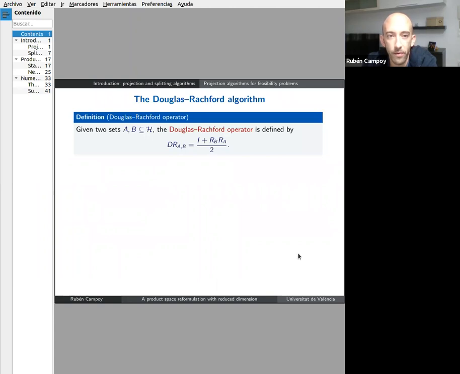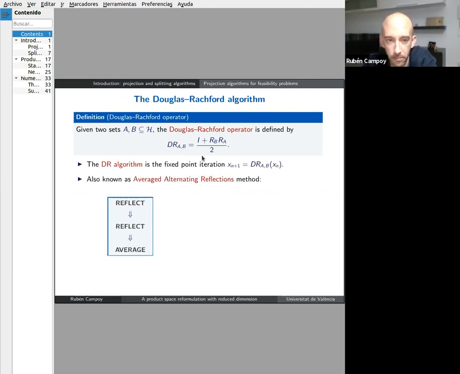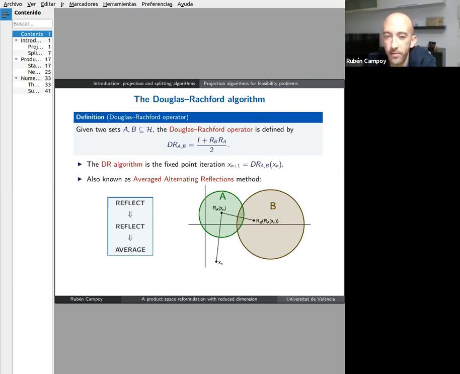For given 2 sets, we define the Douglas-Rachford operator as the identity plus the composition of the 2 reflectors, over 2. And the fixed point iteration is the DR algorithm. So if we have these 2 sets, and this is the current iteration, we just need to reflect onto the first set, reflect, and take the middle point.